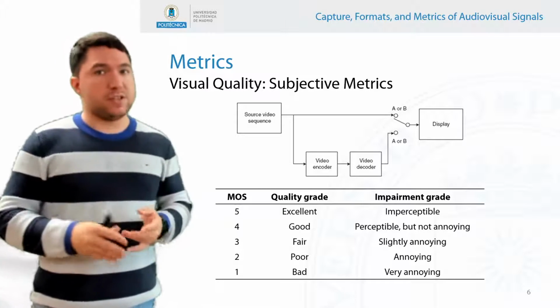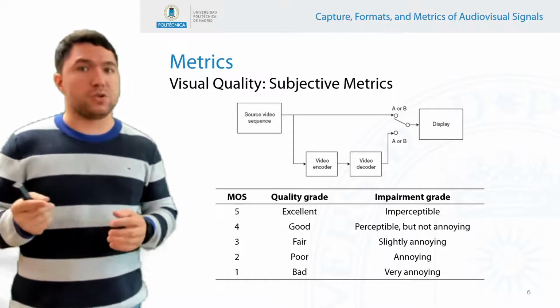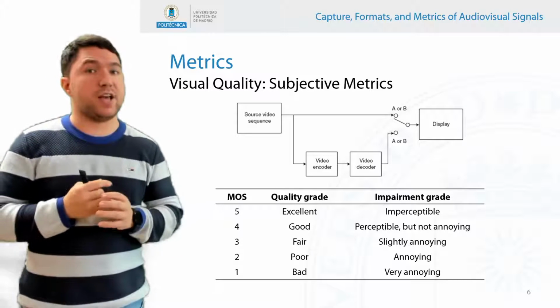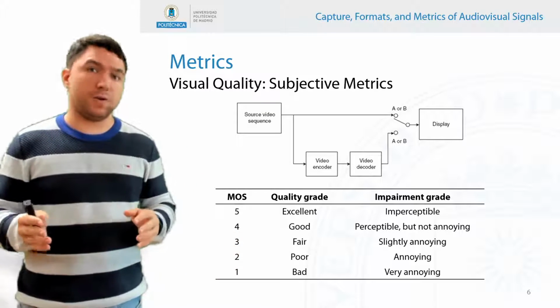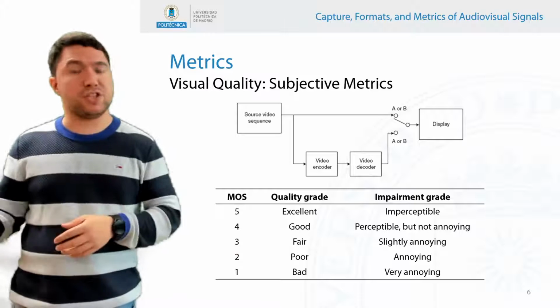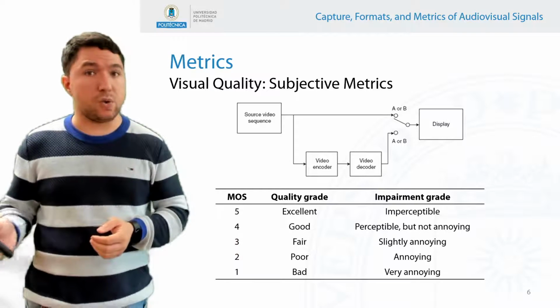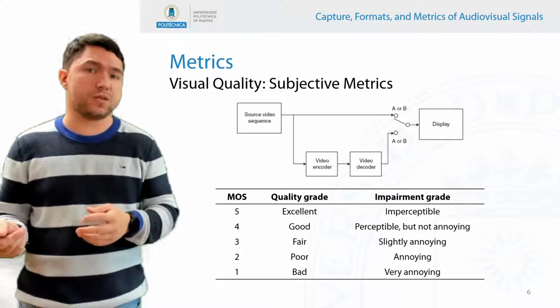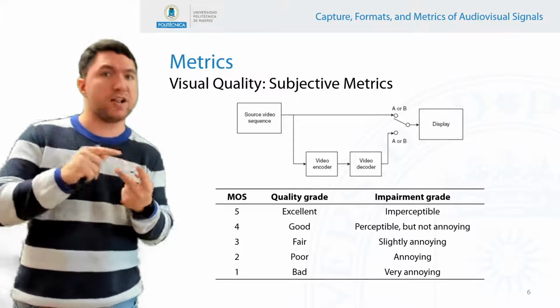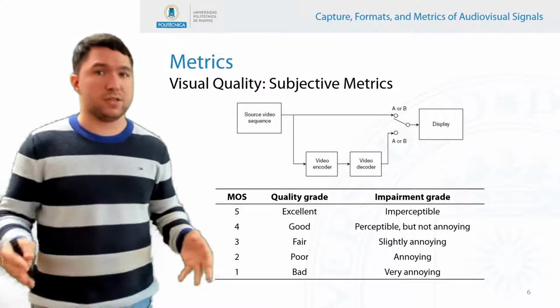The problem with this metric is that just one viewer is not enough, because we need more viewers to get a confidence interval. Therefore, this metric has the disadvantage that we need many viewers to watch the sequence. And usually it's not just one sequence, of course they are pairs, the original and the compressed one, and then we also present them many sequences.